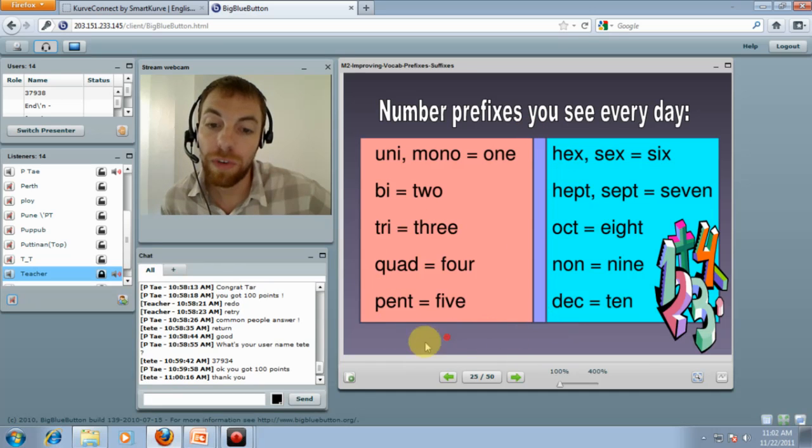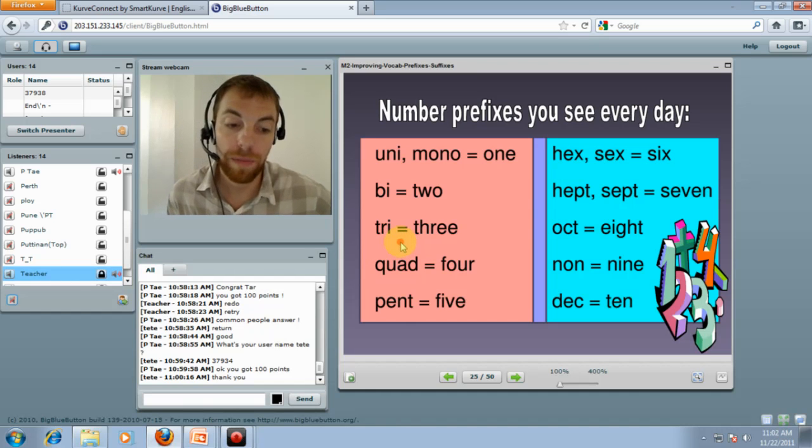So these are very, very important to learn. Like I said, the word, for example, tri, T-R-I, is not a word, but it is a part of a word that means three. So anything with tri in it is three of something.